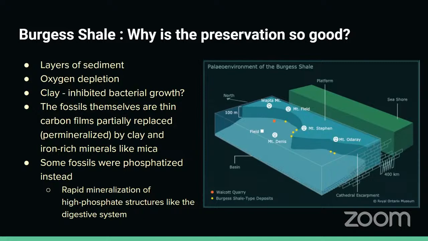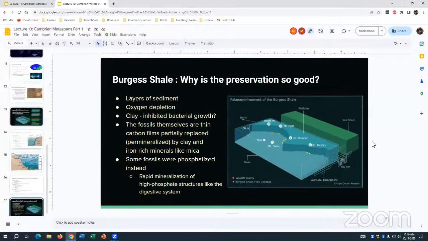So we have this permineralization process going on there. Some of them, we actually have their gut systems partially preserved, which is kind of cool. And this is because of basically high amounts of phosphate in some of those digestive systems. So they go through a different sort of fossilization process with that phosphate called phosphatization. Okay. So that's how these fossils are forming, right?